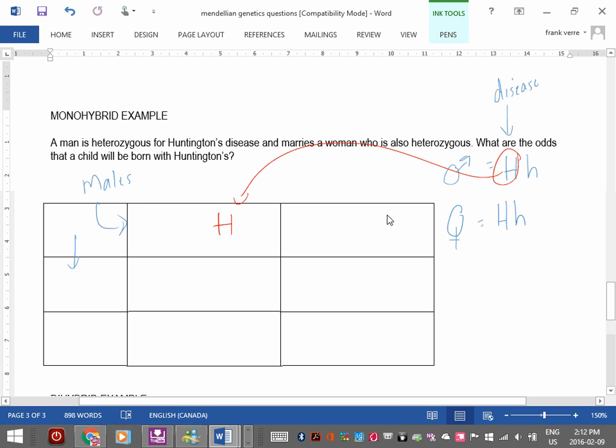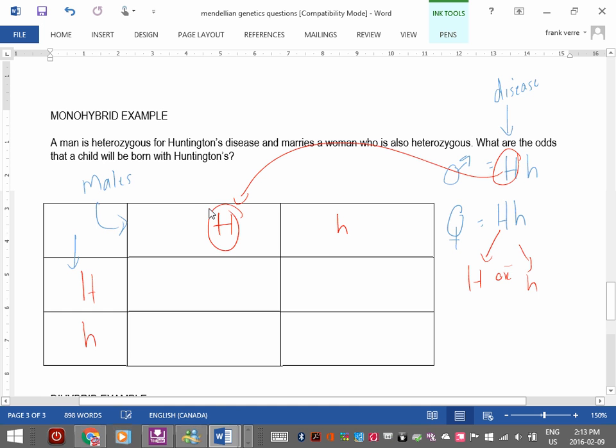And the other sex cell could get the little h. So the male possibilities are what? Big H with little h. Now the female happens to be the exact same genotype. So her possibilities, when she makes egg cells, could also be big H or little h. So it's one or the other.